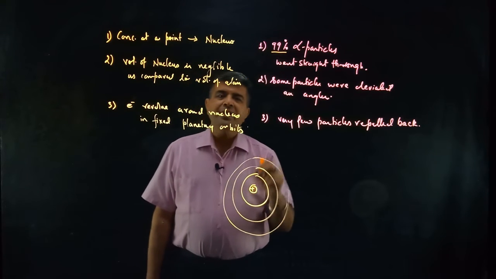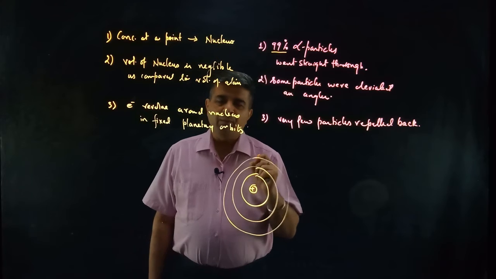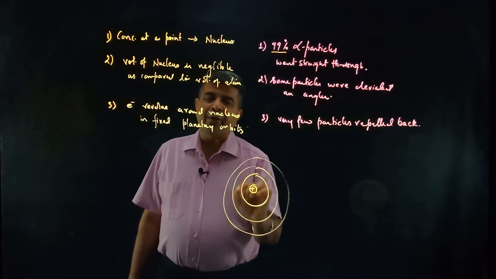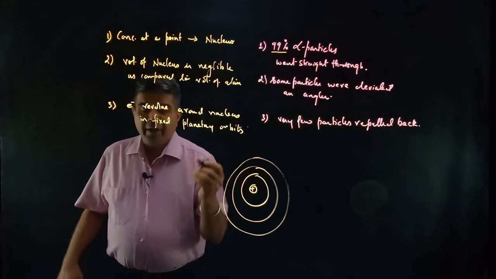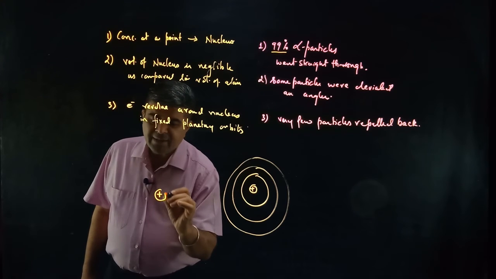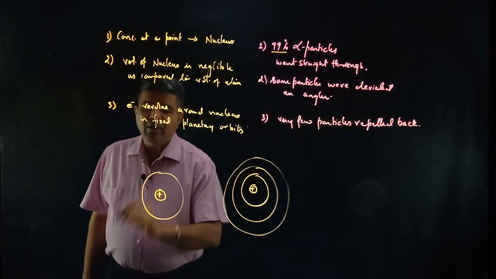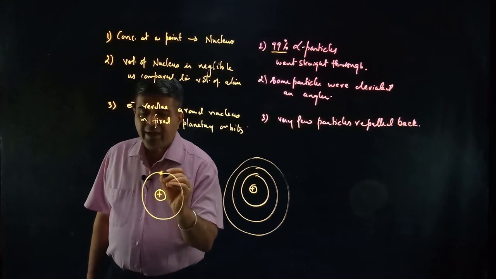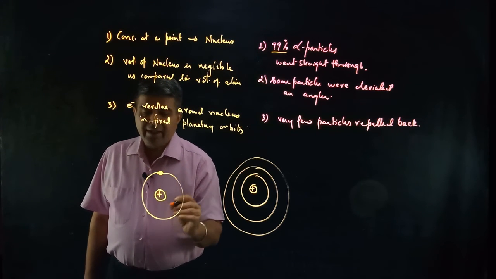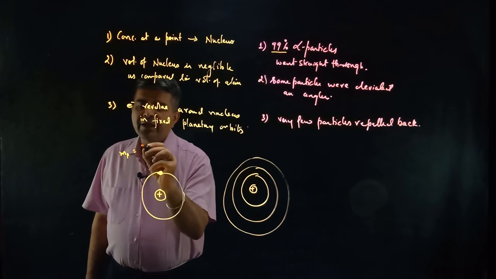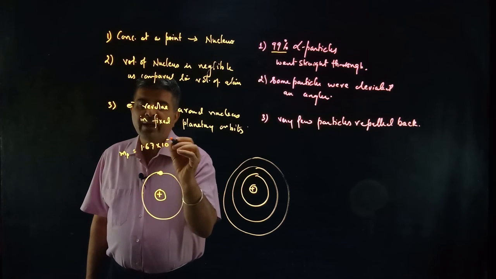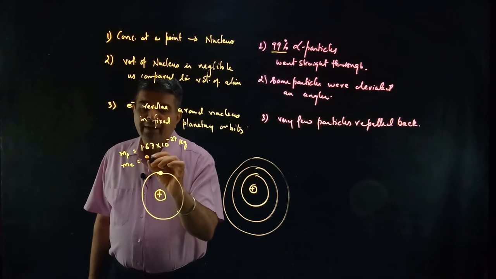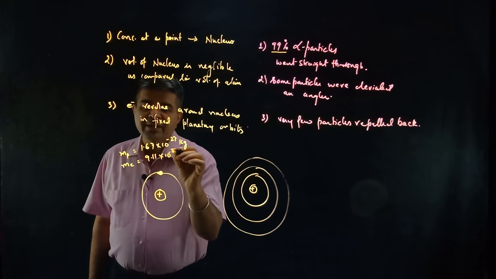And this was the drawback of the Rutherford atomic model, because when he was asked how these electrons are stable in an orbit, he could not explain it. If I elaborate, say this is the nucleus and this is an orbit, and I am considering a hydrogen atom. So this is one proton and this is one electron revolving around the nucleus. Now the mass of a proton is 1.67 into 10 raised to power minus 27 kg, and that of an electron is 9.11 into 10 raised to power minus 31 kg.